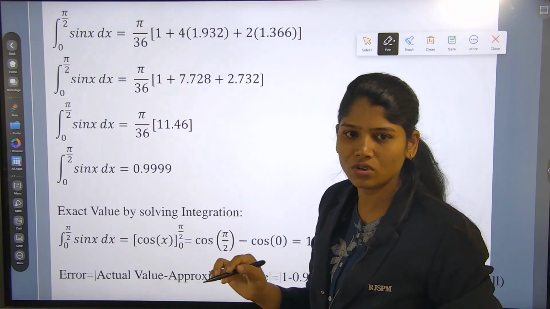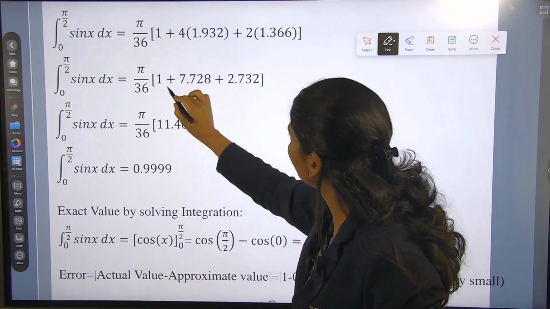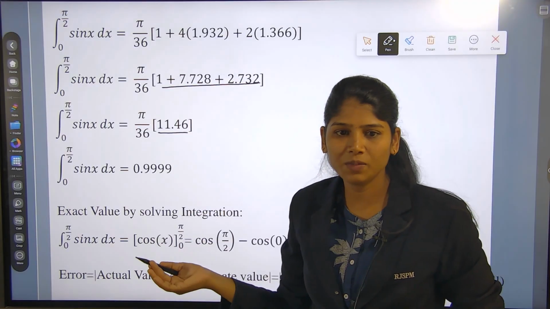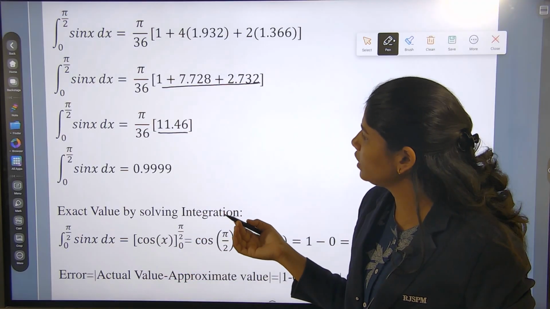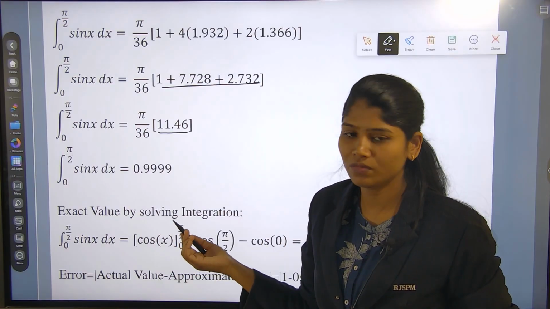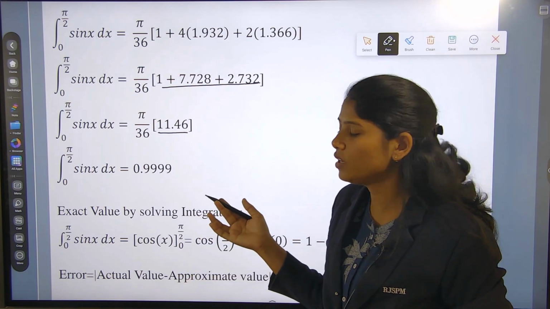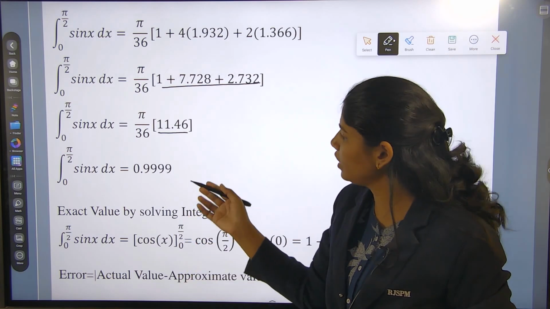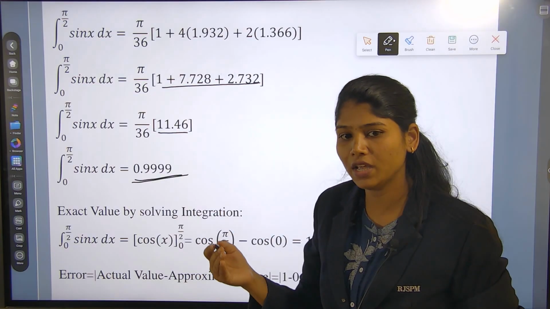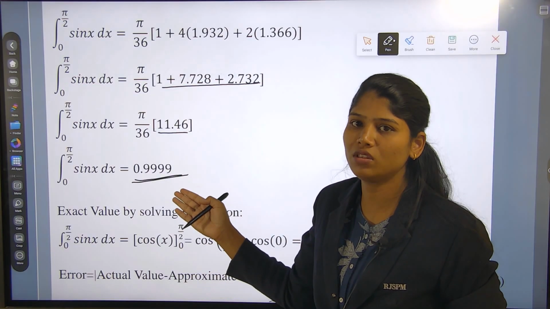So first bracket solve करो, then again solve this bracket, again solve this bracket, then do the multiplication. π upon 36 into 11.46. π value is 3.14. Okay, or you can write here 22 by 7. So we get here approximate value as 0.9999. This is approximate value by Simpson's 1/3 rule.